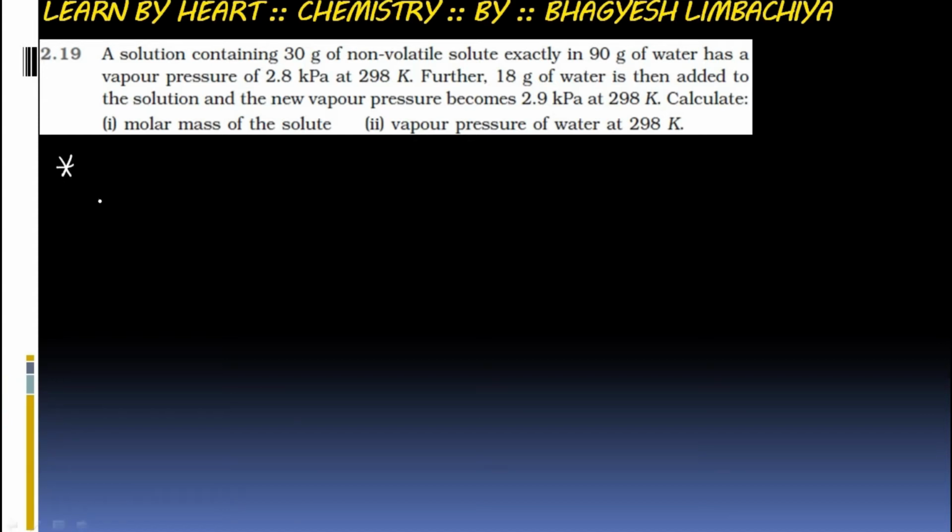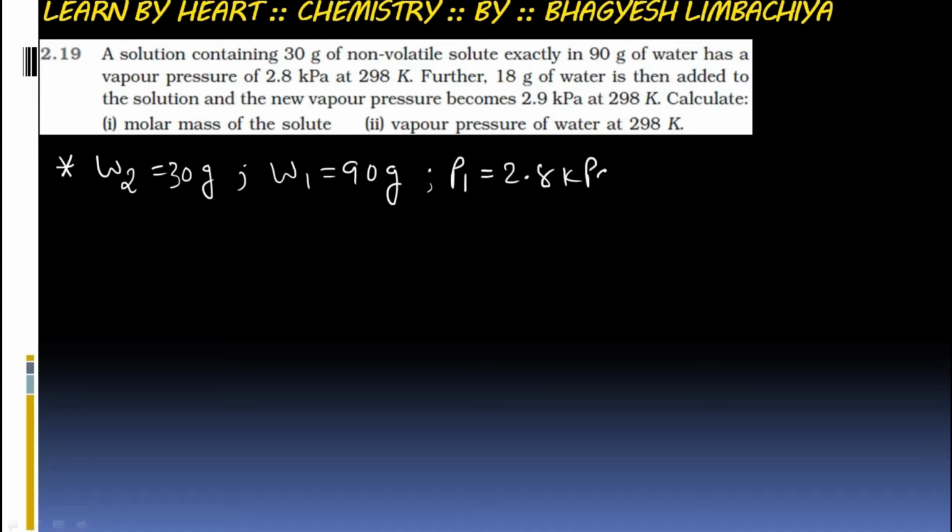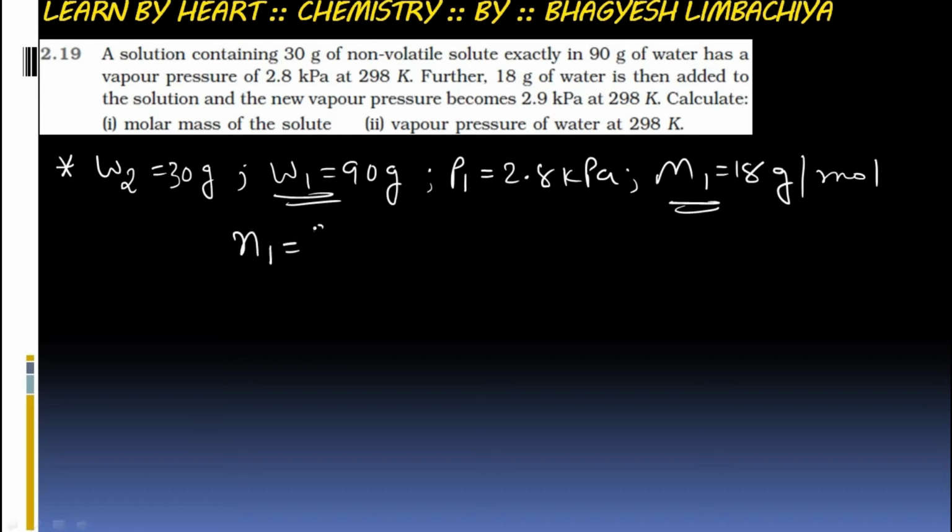So first we will apply the Raoult's law formula. So as we know that W2 is 30 gram, W1 is 90 gram, P1, that is the vapor pressure of solution, 2.8 kilopascal, and M1, the molar mass of water, is 18 gram per mole, so the number of moles of water will be the division of W1 and M1.